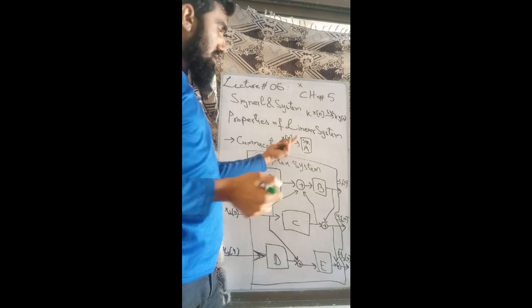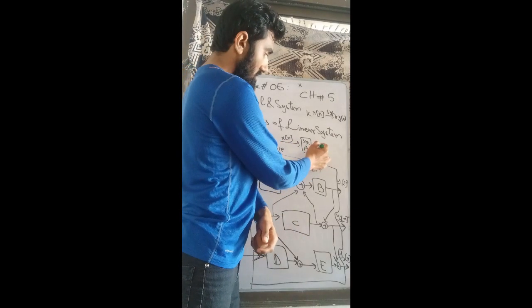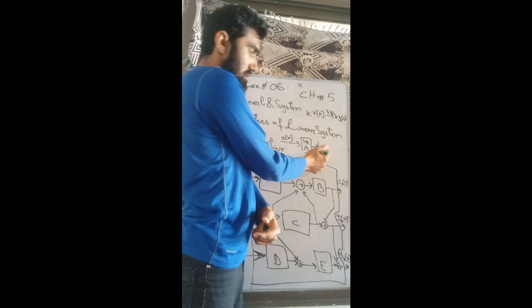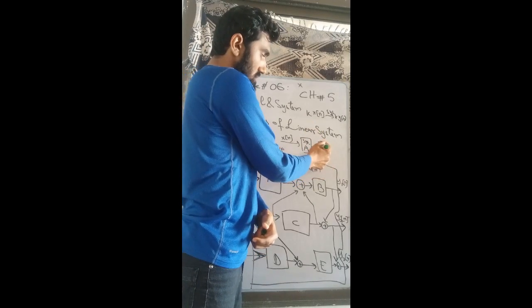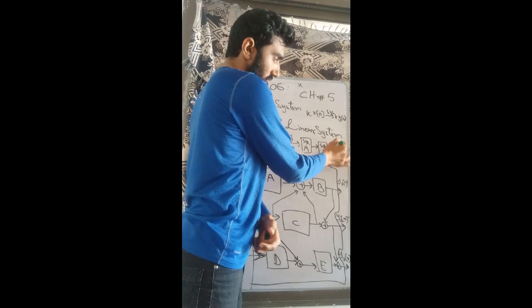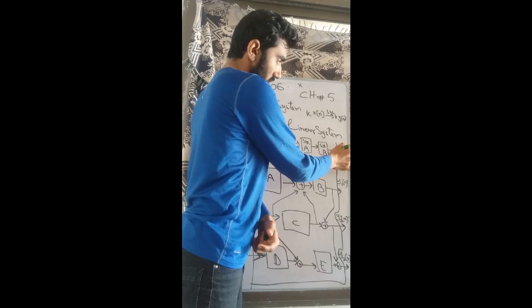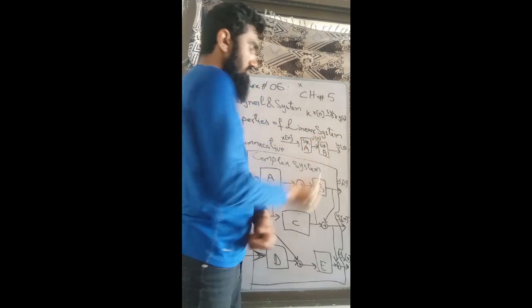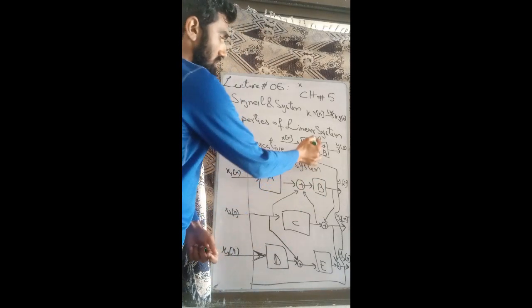We name that system a, and the signal passes through system a, and then the output of a passes through the b system, and then we have final output y of n. Let's suppose this is an intermediate output v1 of n.